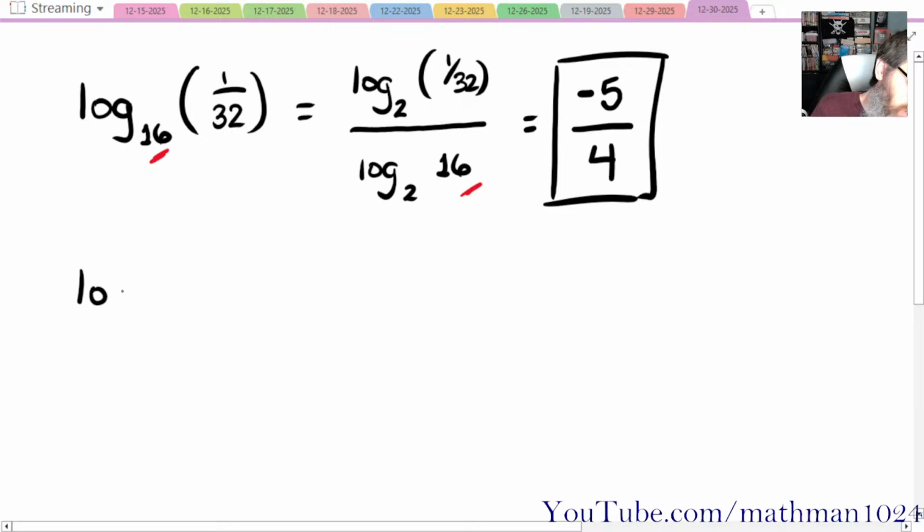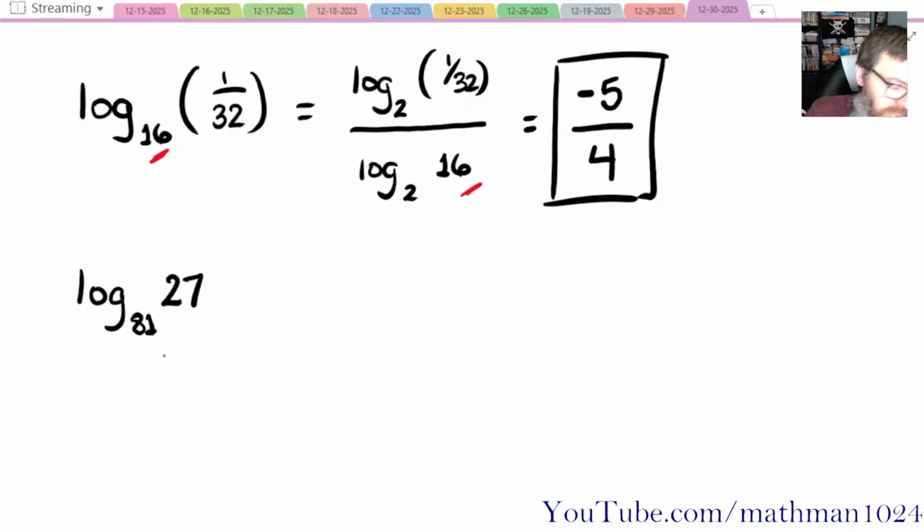If I do, let's say, log base 81 of 27, is there a base that's common for both of these? Again, look at your powers. Now we know that's not going to be based on a power of 2. And maybe you've gone off to the side and you've got your list.